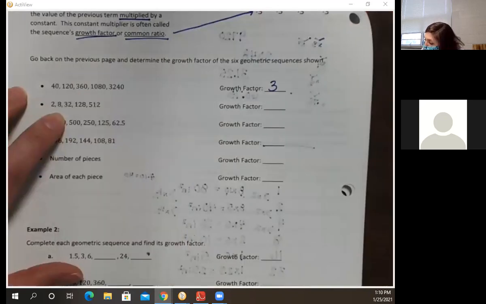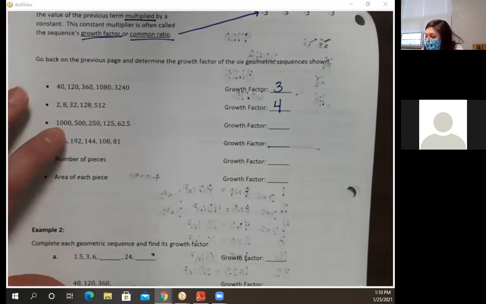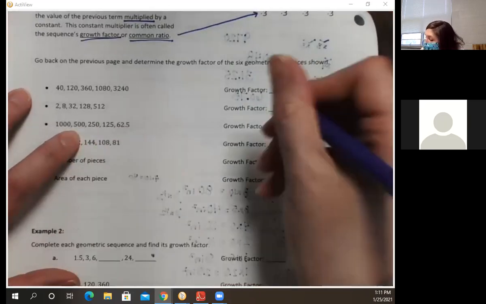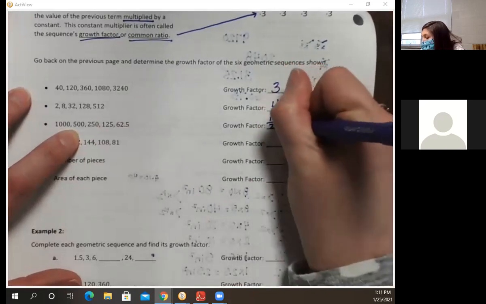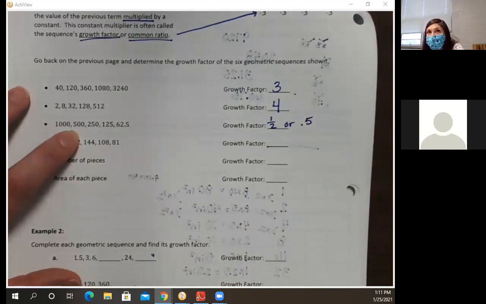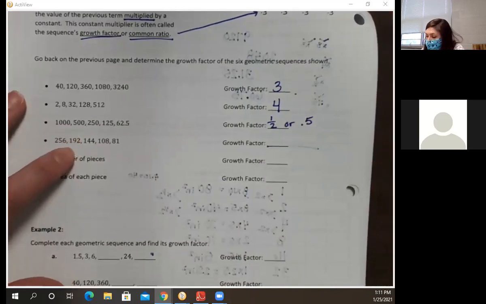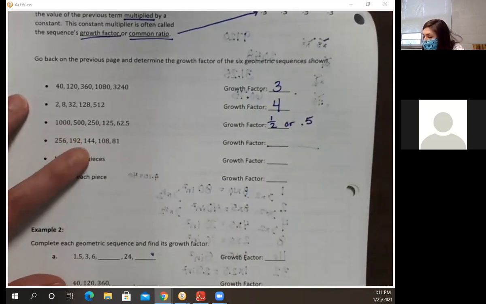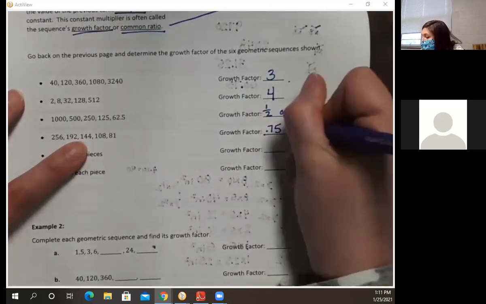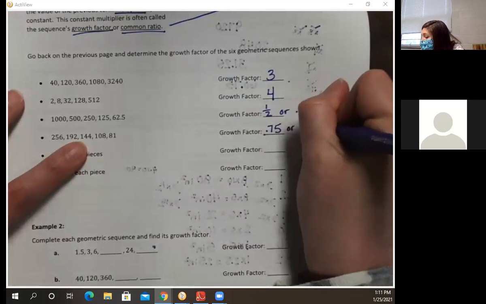We multiplied by 4, so our growth factor is 4. To get from 1,000 to 500, we multiplied by a half, or if you'd rather, 0.5 means the same thing, so that's our growth factor. The 256 to 192 to 144, remember this was 0.75 for our growth factor, or 3/4 if you'd rather.